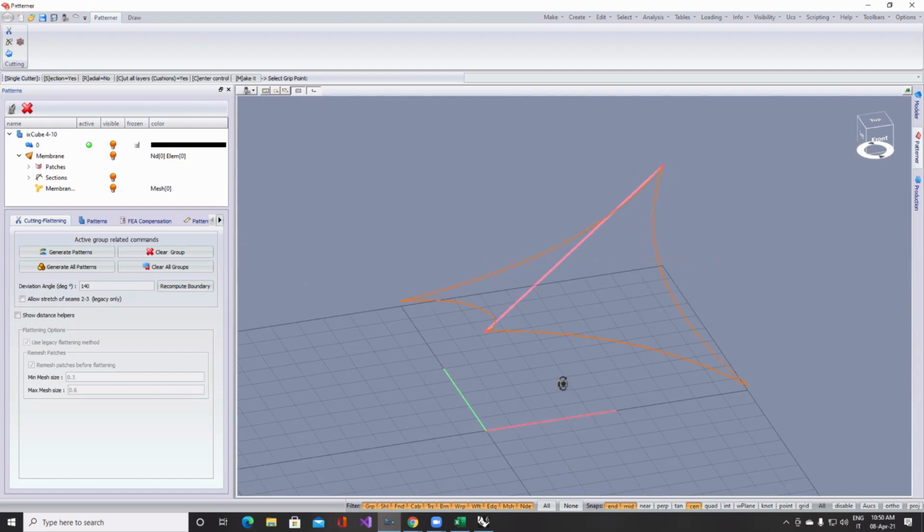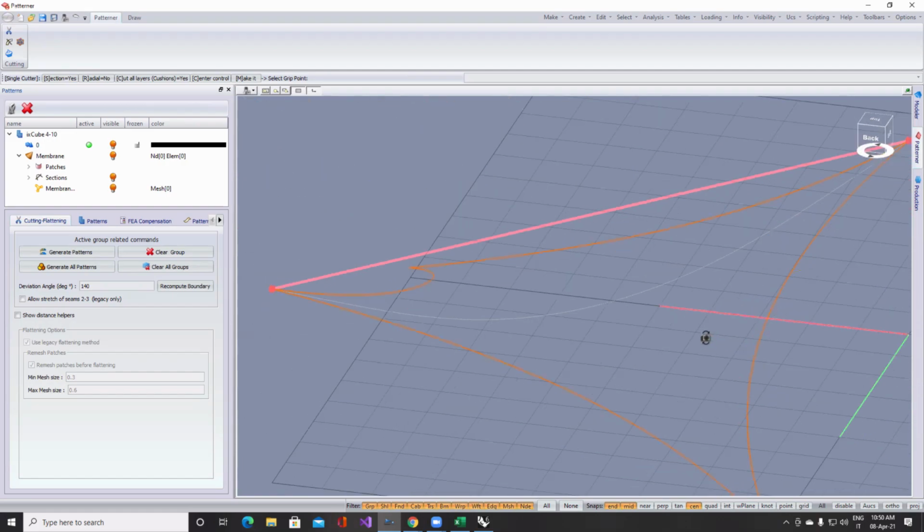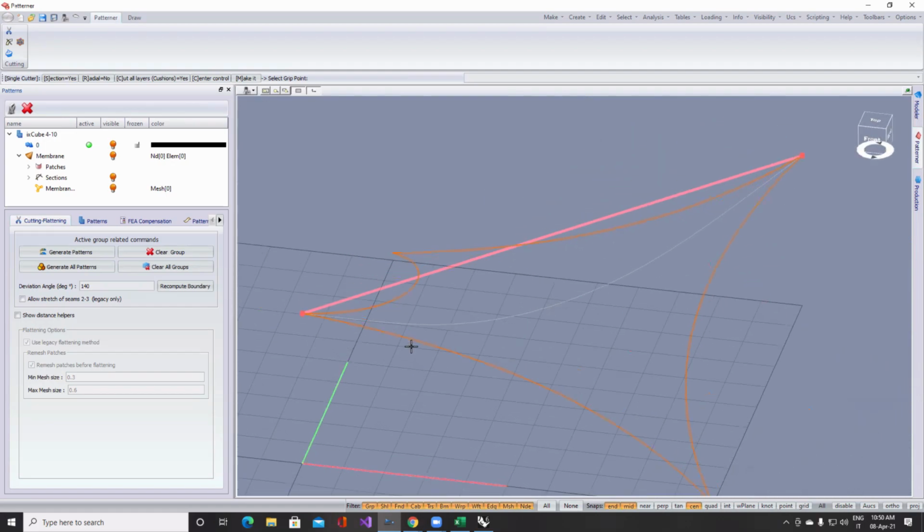Making a section is something quite simple. You can think that through this line, a vertical plane passes and will cut the surface in two pieces. If I say make it, you see that it has generated this curve here, this gray curve. The gray curve is the intersection between the plane and the surface.